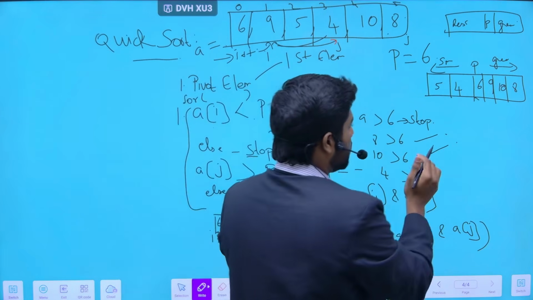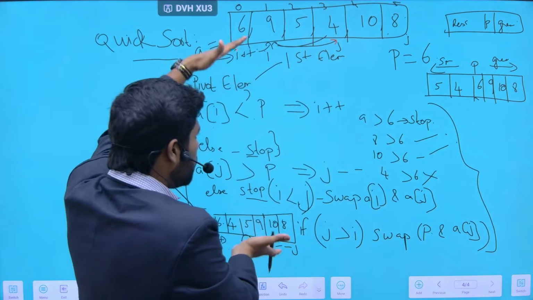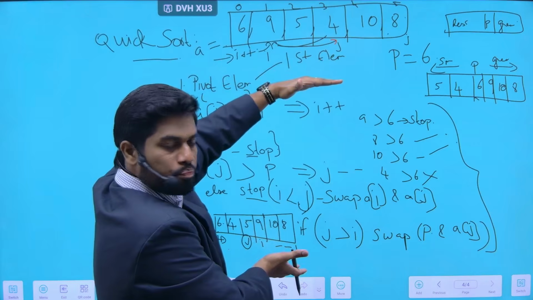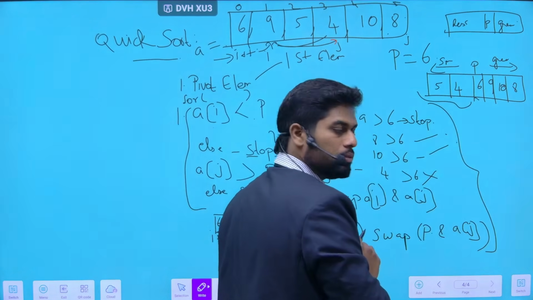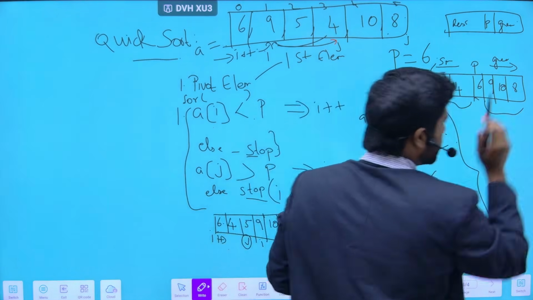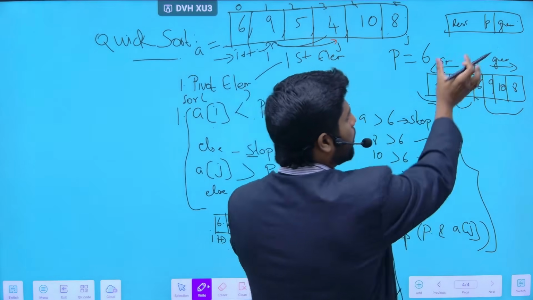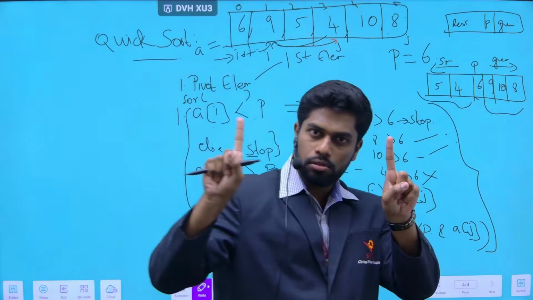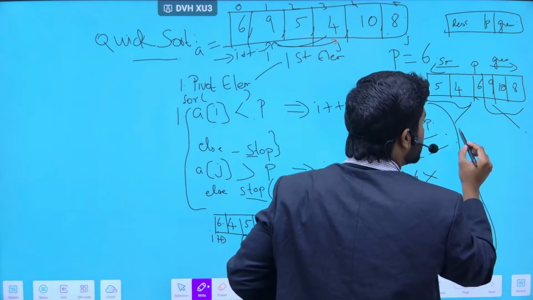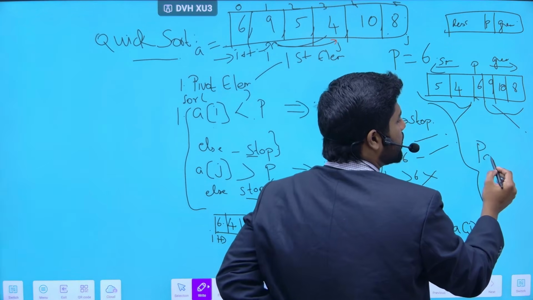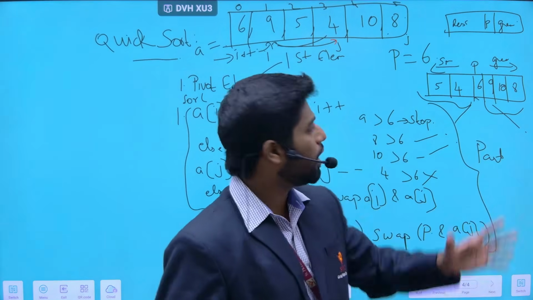Now the same procedure, the whole procedure, is applied for this and this. Now the array is divided into 2. Here you have 2 arrays; that is partitioning of an array.